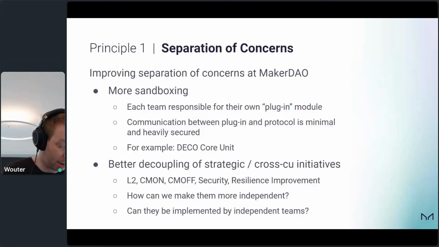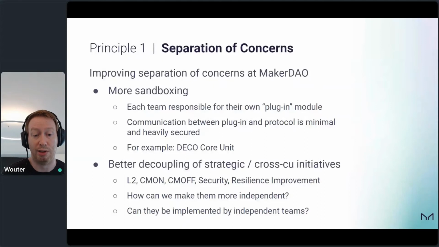But this was really getting impractical, and this is why we created these different cross-core unit initiatives. So the L2 cross-core unit initiative, collateral management on-chain, collateral management off-chain, security, and then the last one that we kickstarted, the resilience improvement one.